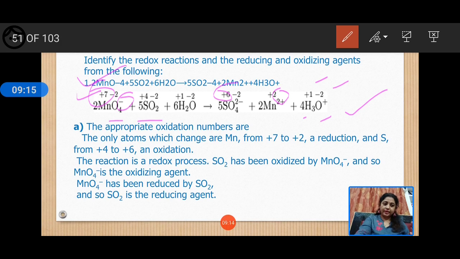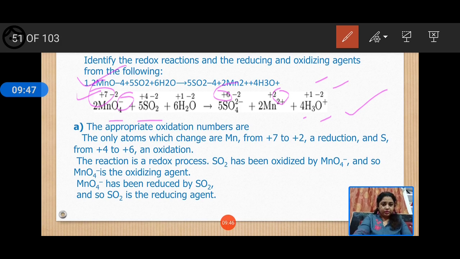You have already learned by heart that loss of electron is oxidation and gain of electron is reduction; one more line you have to learn by heart. If oxidation number is increasing, it is oxidation. So +7 to +2 means oxidation number is decreasing, and we see that MnO4- is getting reduced to Mn2+.